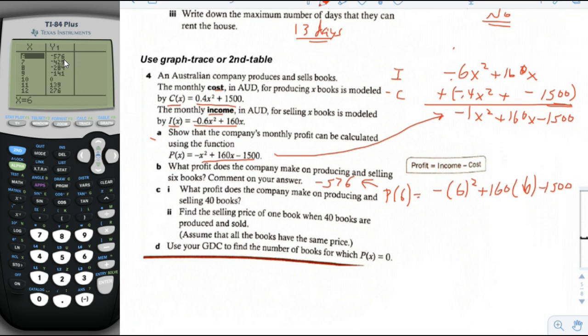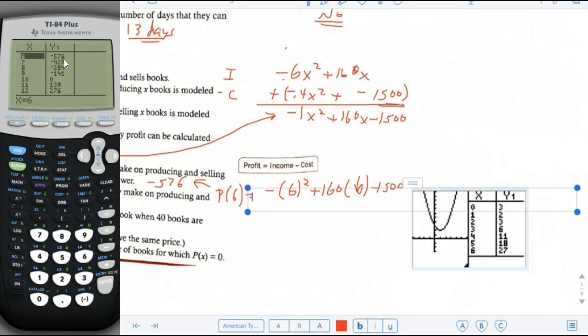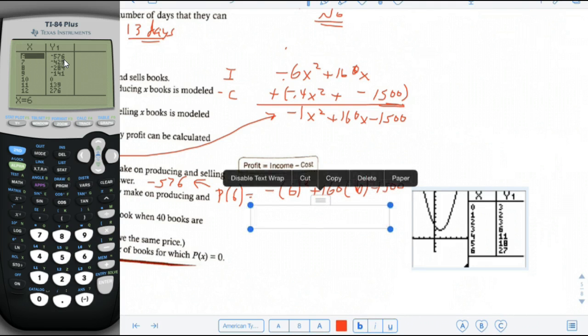Comment on your answer. Well, what they want you to do is say, what does it mean to have a negative profit of 576? What it means is that a profit, you're happy because you made money, right? In this case, though, you are not making money. You are losing money.